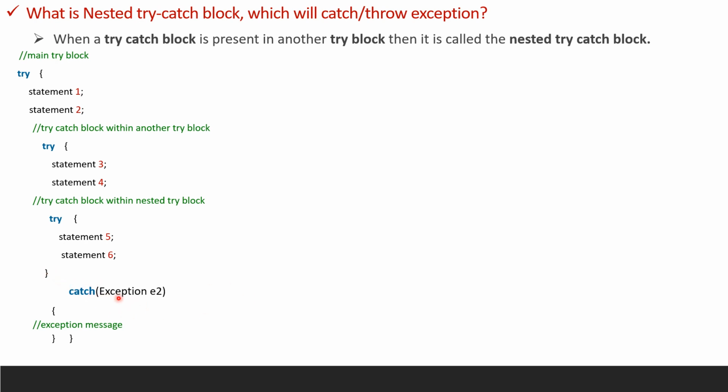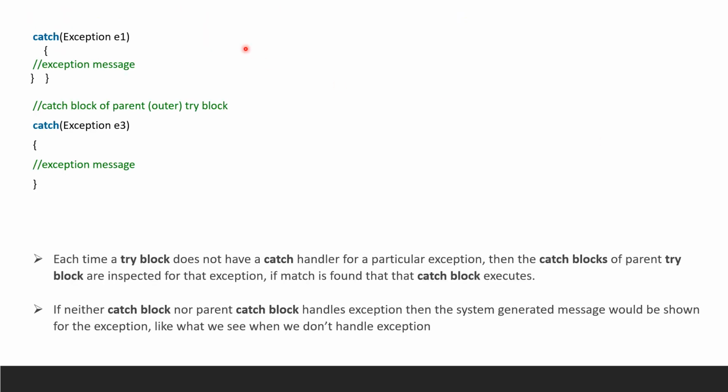So we are catching the exception, with exception messages for exception E1 and exception E3. The last one we catch is the parent, or main outer try block's catch.